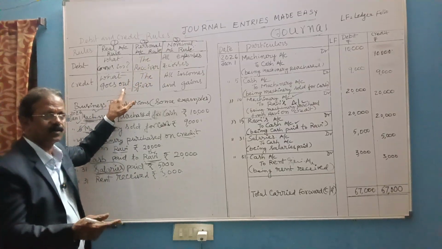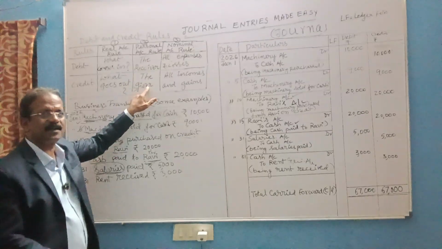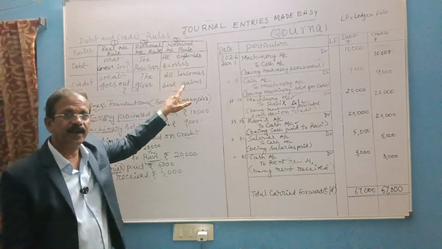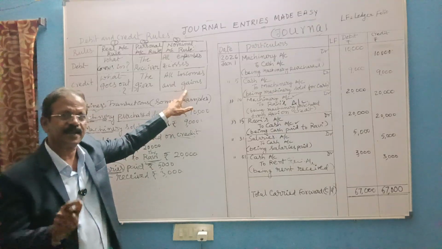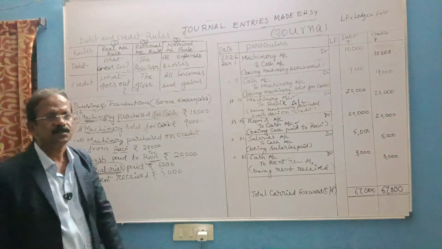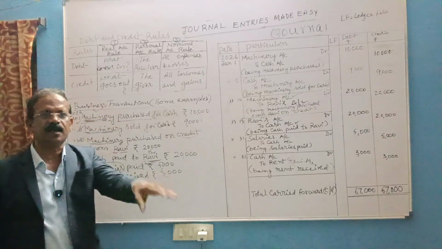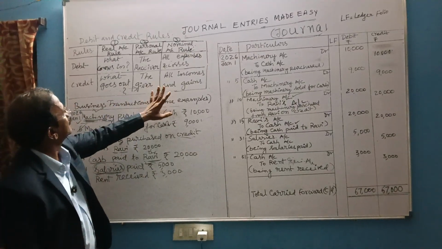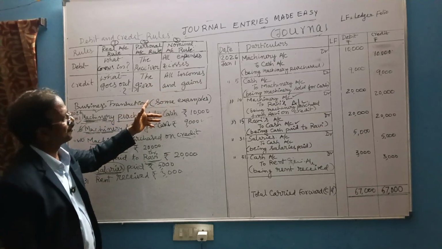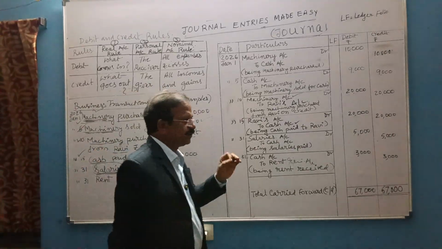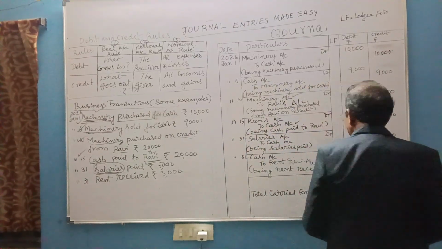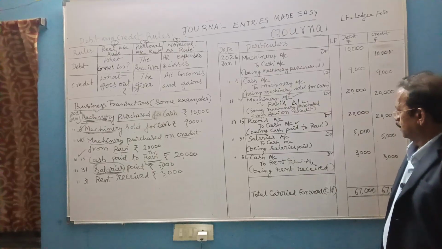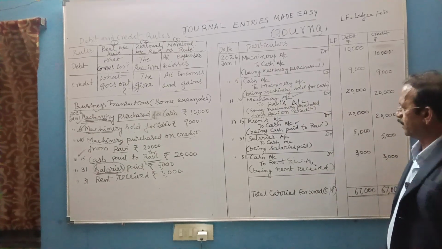If nothing is going out, somebody is giving, credit his account. If you find any expense, debit that expense. If you find any income, credit that account. That's it. It's a matter of learning for 10 or 15 minutes. By using these techniques of writing journal entries, you can write the journal entries very easily and very fast. I hope you have understood very well.